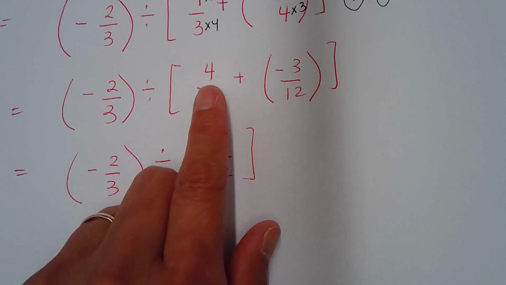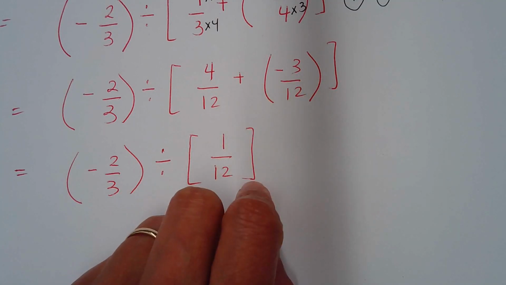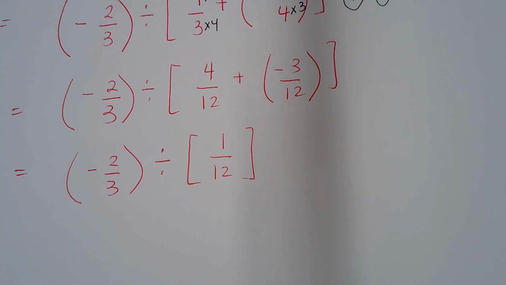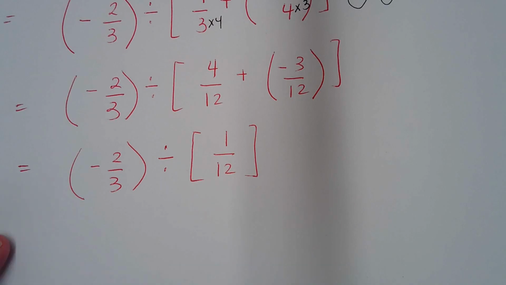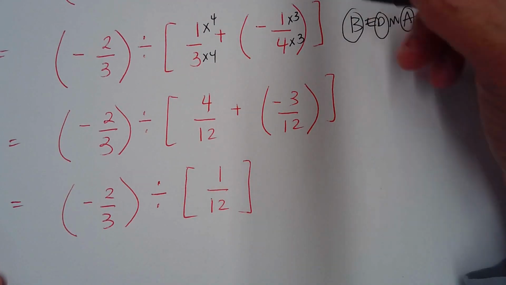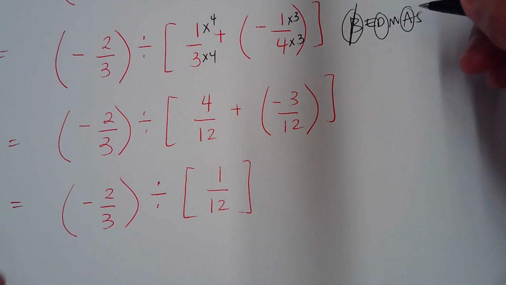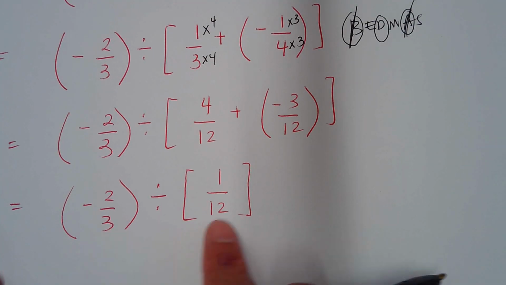So you got 4 adding -3. Is that okay? Everybody agrees? Okay, so basically what we did was we simplified what's inside the brackets, and that also got rid of the addition. So we have division left.